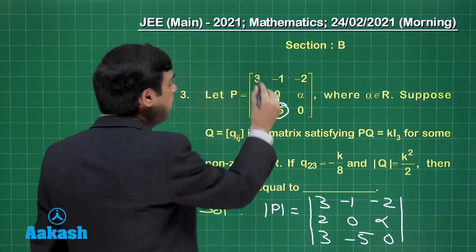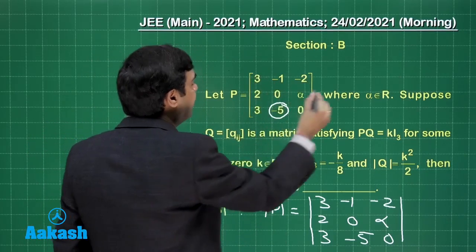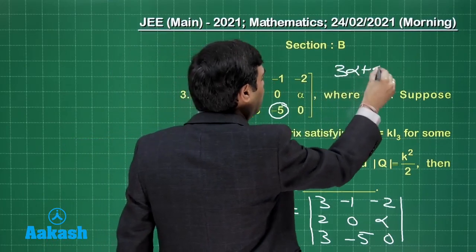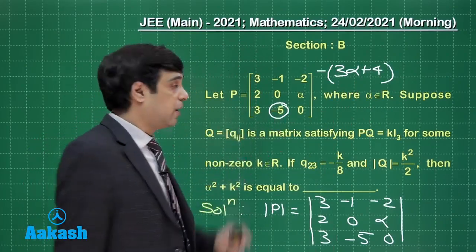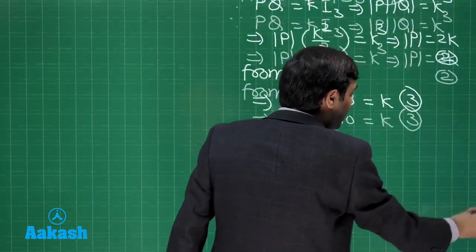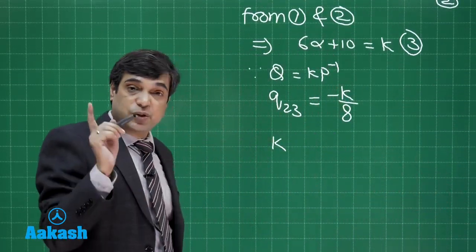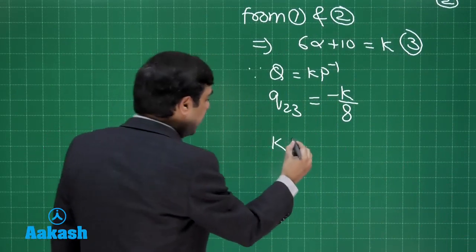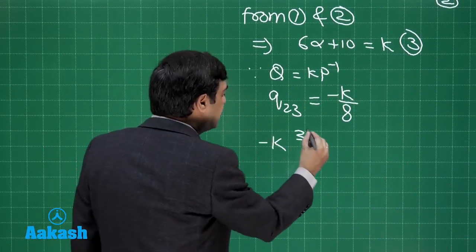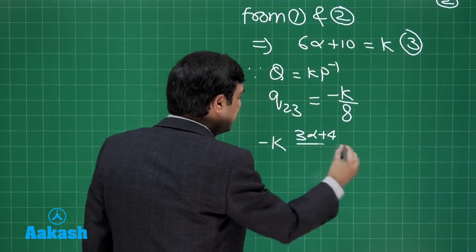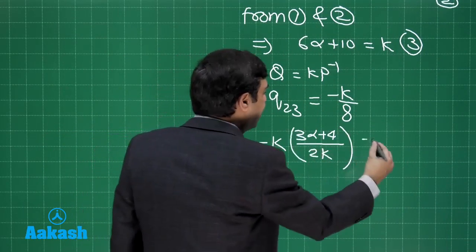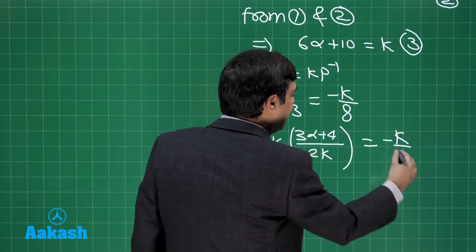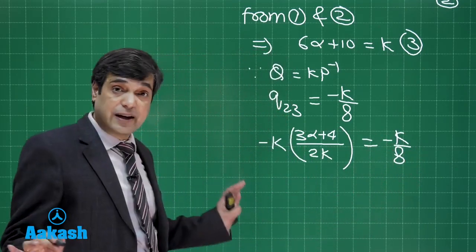That would come as 3 alpha plus 4, with a negative sign because you are talking about the 3, 2 cell, also divided by determinant P as you are dealing with the inverse part. So right here, minus of 3 alpha plus 4 divided by determinant P, you can write 2k, is equal to minus k by 8. Clear on this point?